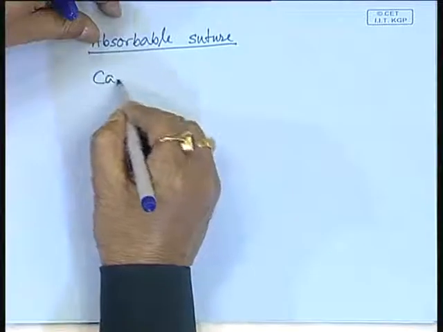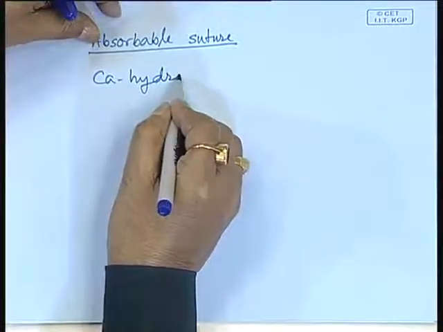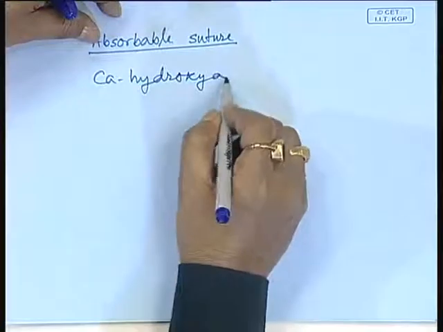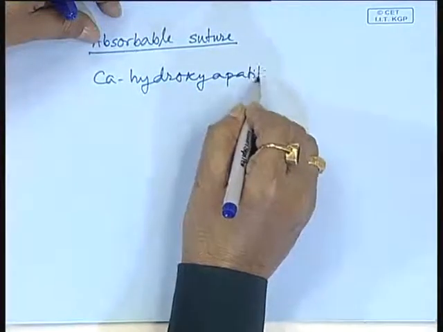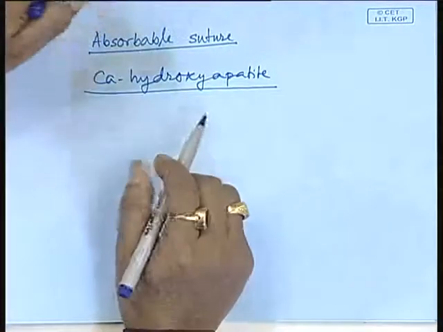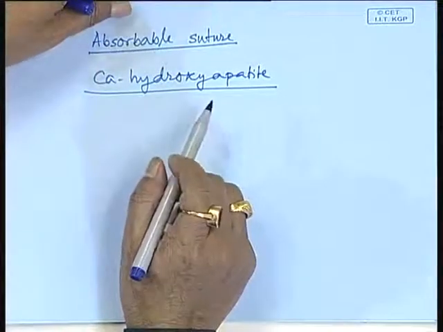What do we do? We make a scaffold from synthetic calcium hydroxyapatite. You have heard this name, calcium hydroxyapatite. It is a bone mineral. It is present in normal bone.